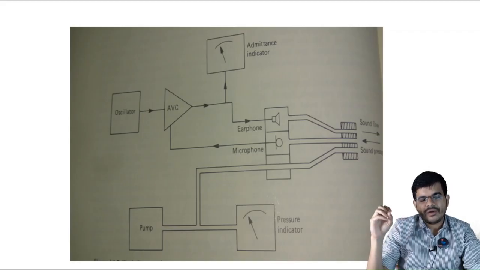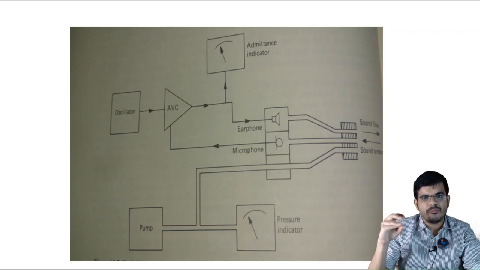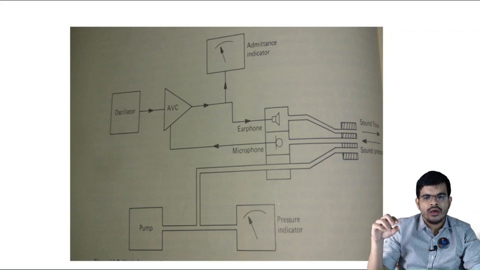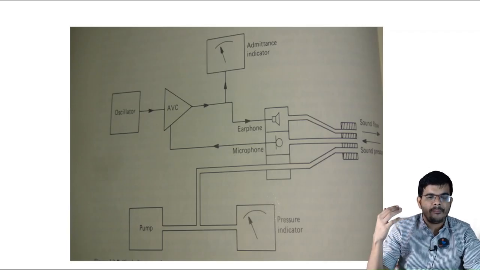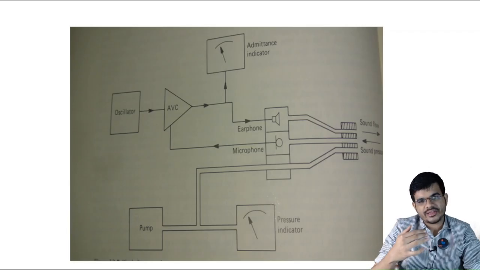The part which is reflected back is picked up by the microphone. You also have a third channel connected to a manometer to change the pressure within the middle ear. So we are trying to assess how the change in pressure from plus 200 to minus 200 Pascal affects the middle ear. That is what we are looking for.